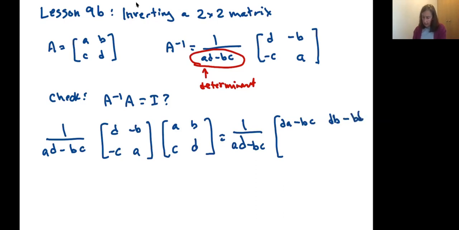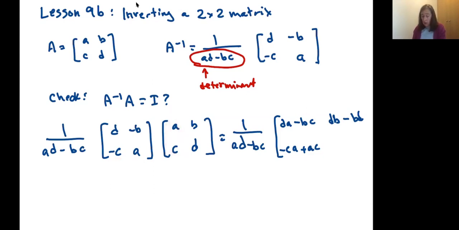I get negative CA plus AC for the 2, 1 element, which I got by multiplying the second row of the lead and the first column of the lag.